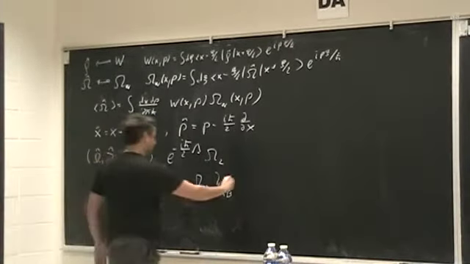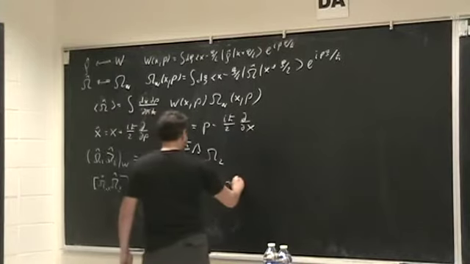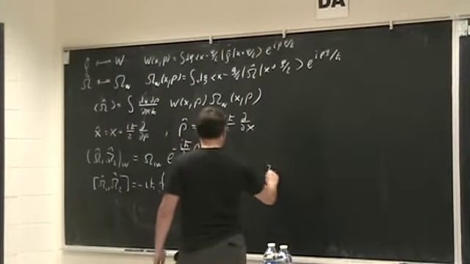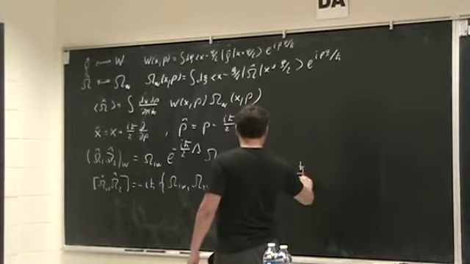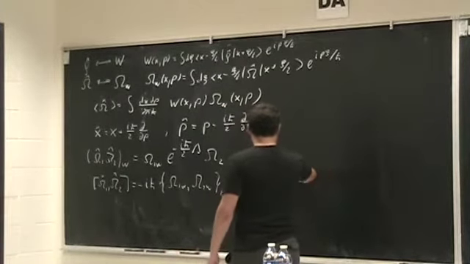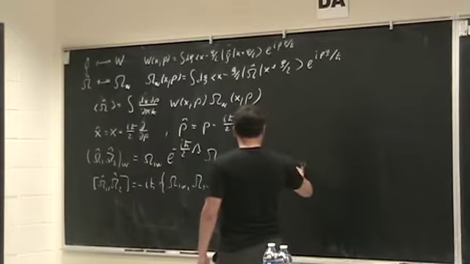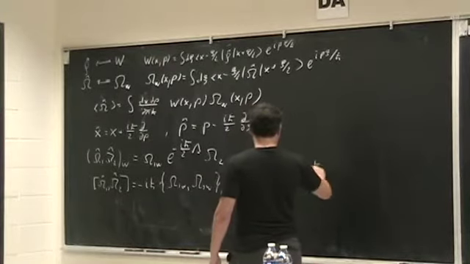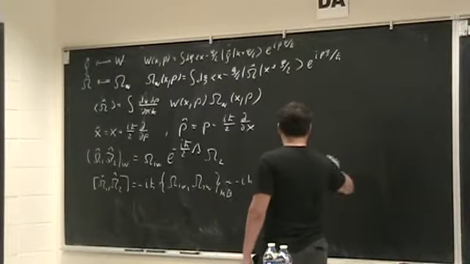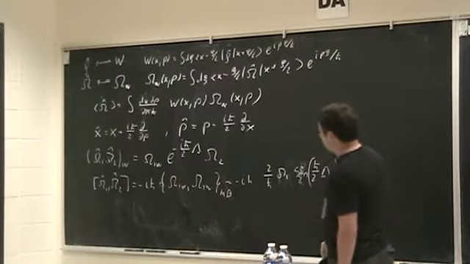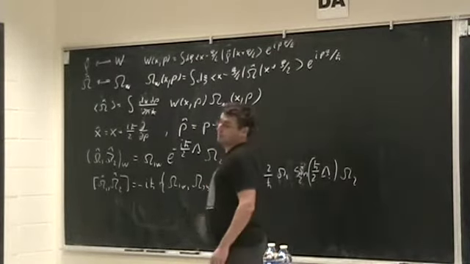The Moyal bracket is defined as 2 over h-bar, sine of h-bar over 2 lambda, and lambda is the symplectic operator, it's just the Poisson bracket.